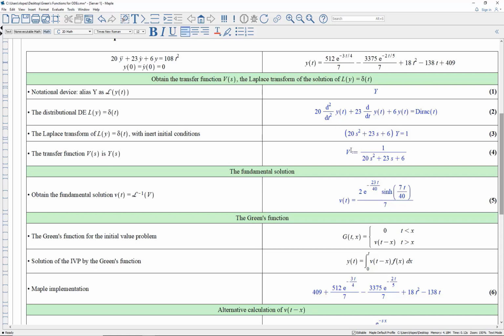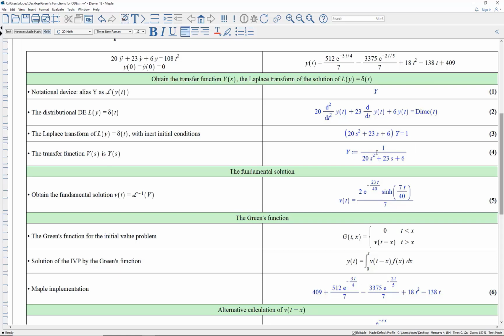I use the inert initial conditions, and the transform results in this equation, which I solve for Y. Clearly it's 1 over, and you can see the 20s squared from here, the 23s from here, and the 6 from here.